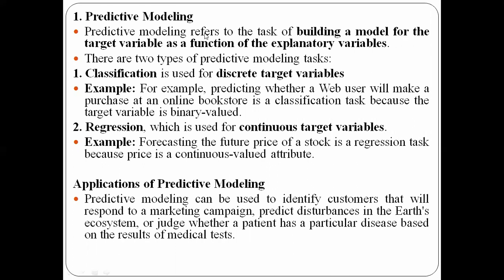So predictive modeling builds a model for the target variable as a function of explanatory variables. In this predictive modeling, we have two different kinds of models or tasks here.